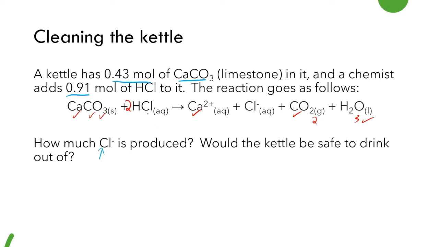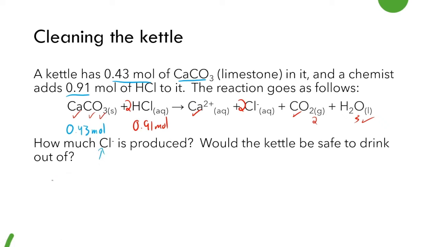And then we have 2 chlorines on the left, so we're going to need to have 2 chlorines on the right. Fantastic. So, okay, now we can look at this and say we start out with 0.43 moles of the carbonate and 0.91 moles of the hydrochloric acid. If you'd like, pause the video and see if you can work out the rest of this question.